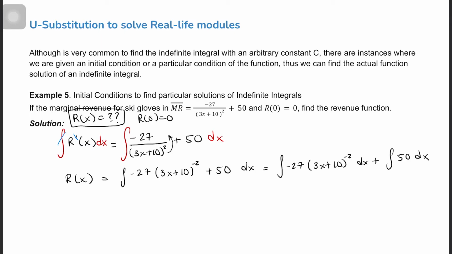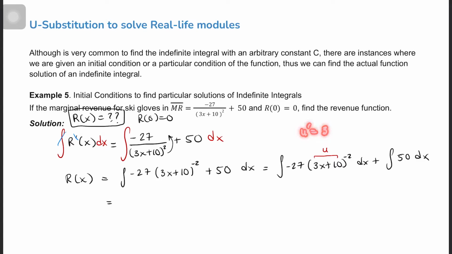All right, so let's look at the first integral. In the first integral, we're gonna let u be this part. If you let that be u, that's the inner function. Then u prime should be 3, and that's just a constant factor, which is not a big deal, right?